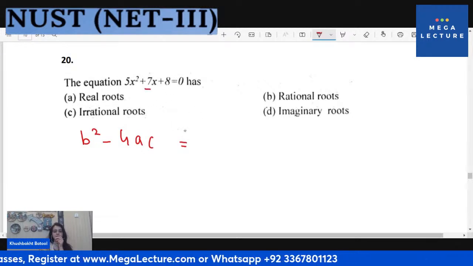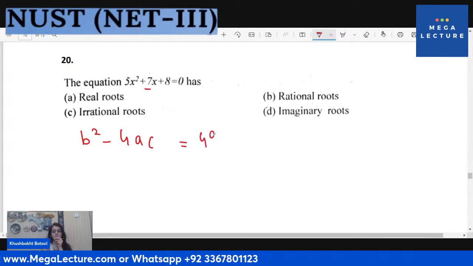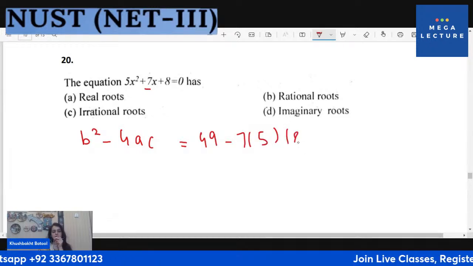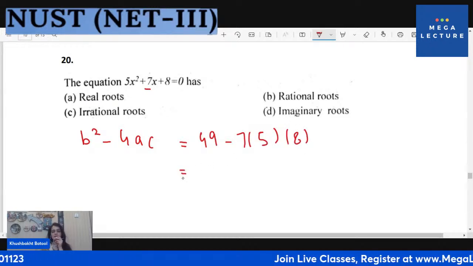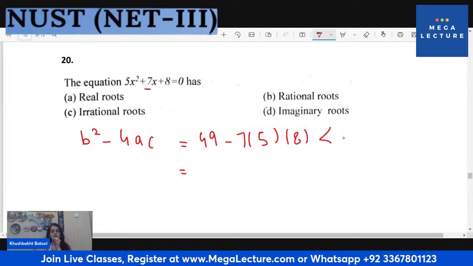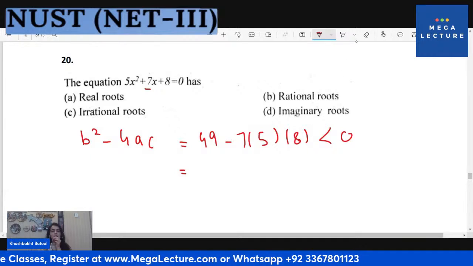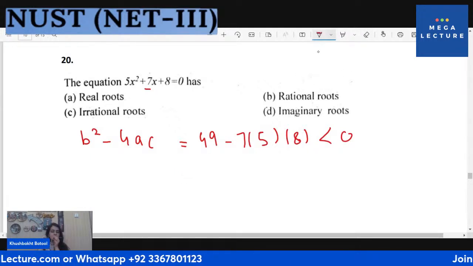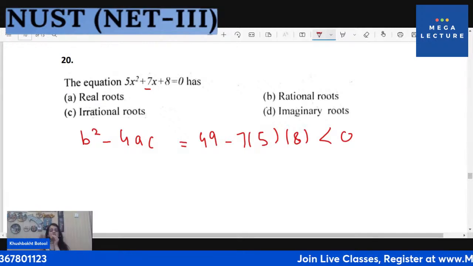So it's 7 squared, which gives you 49, minus 7 into 5 into 8, and you can just see that the answer is going to be negative. This would be less than 0. Whenever your discriminant is less than 0, you know that you get imaginary roots. You do not have any real solution.